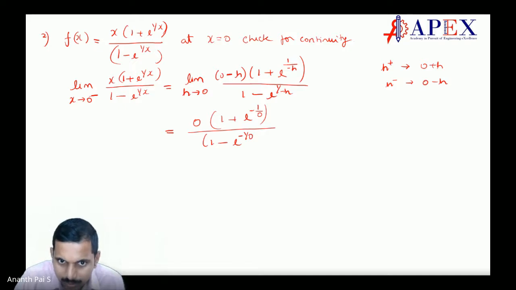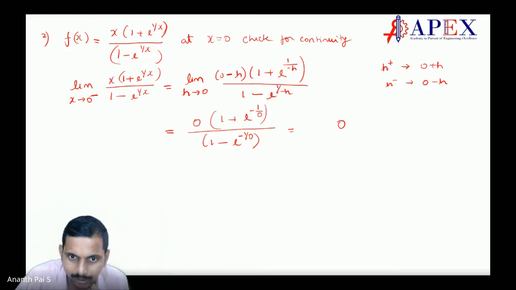Correct? What is the value you get here? You get it as 0, correct? Because e power minus infinity is how much? E power minus infinity is 1 by e power infinity, which is 0, and e power 0 is 1, so it will be 1.